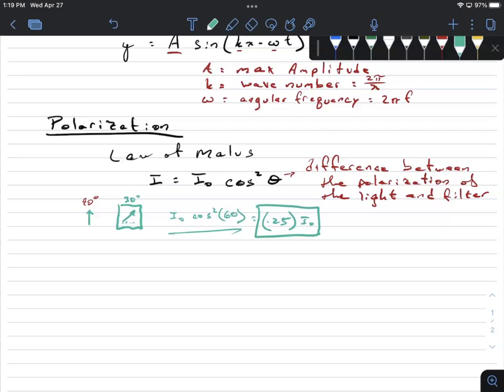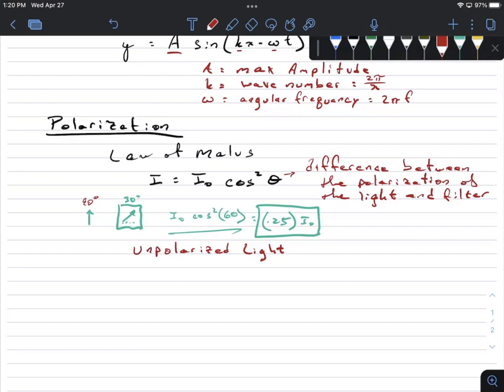The other note is, what if I have unpolarized light? Well, this is, first of all, a very bad name, because I already said all light is polarized in some way. And so there's no really such thing as unpolarized light. What we mean is it's randomly polarized.